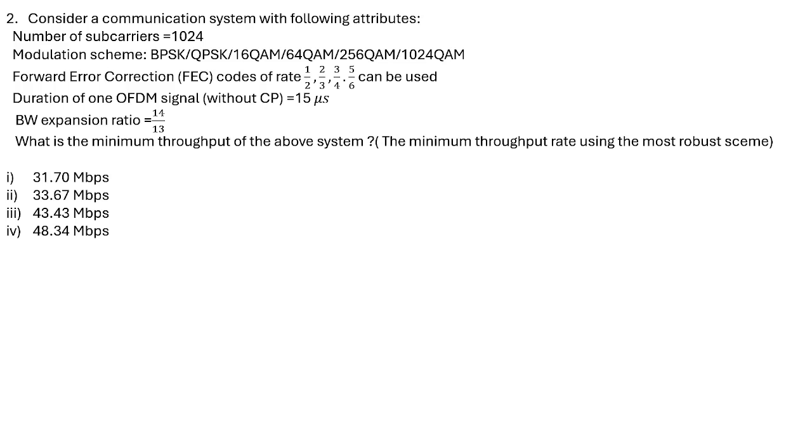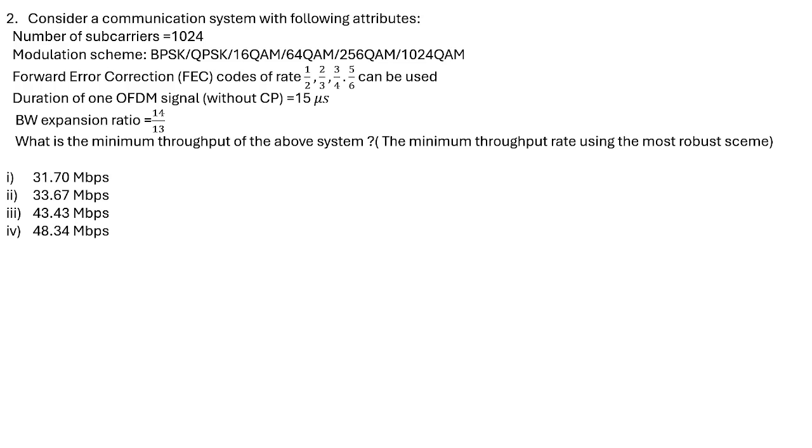Similarly, using 64 QAM you can transmit log base 2 of 64, that is 6 bits per symbol. Using 256 QAM you can transmit log base 2 of 256, that is 8 bits per symbol. And of course at the end you have 1024 QAM, where you are allowed to transmit log base 2 of 1024, that is 10 bits per symbol.